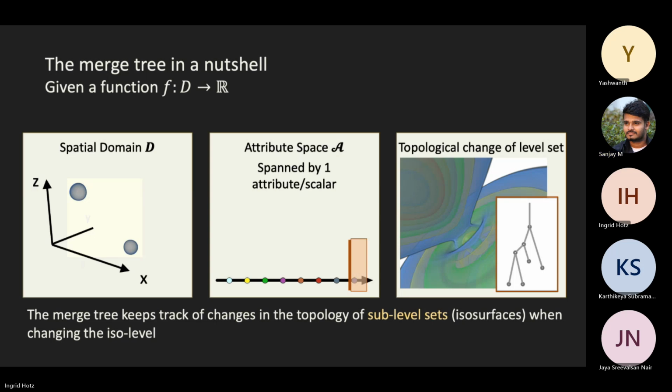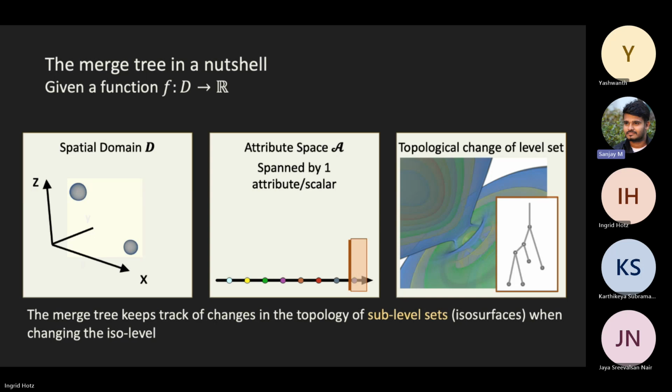So you have seen this data set before. This is the data set of the density field of the molecule. Here this bar highlights the iso value that is represented here. And now we are not thinking in terms of isosurfaces, but we are thinking in terms of sub-level sets.